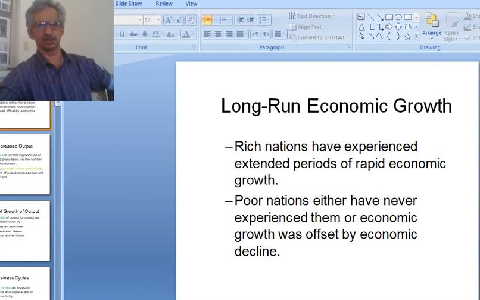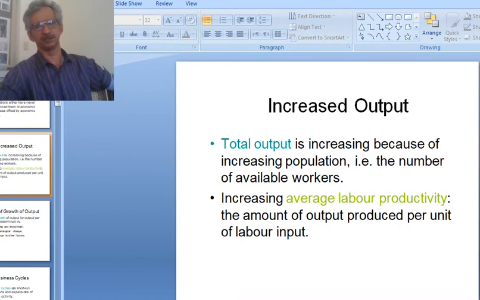But the poor nations, countries like Pakistan, the developing countries, are suffering serious economic growth issues. Their economies are most of the time declining. Their economies are not growing according to their capabilities and resource availability.